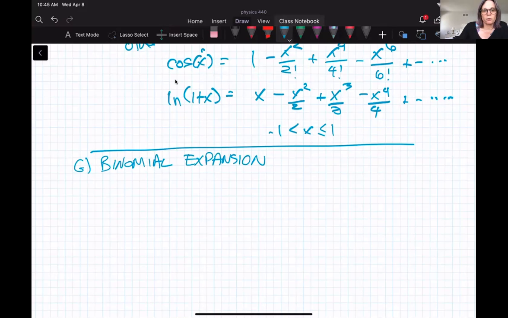What's the functional form that we usually use? All right, so if I were to write f of x equals something, you would automatically think I need to use the binomial expansion. What's that function look like?